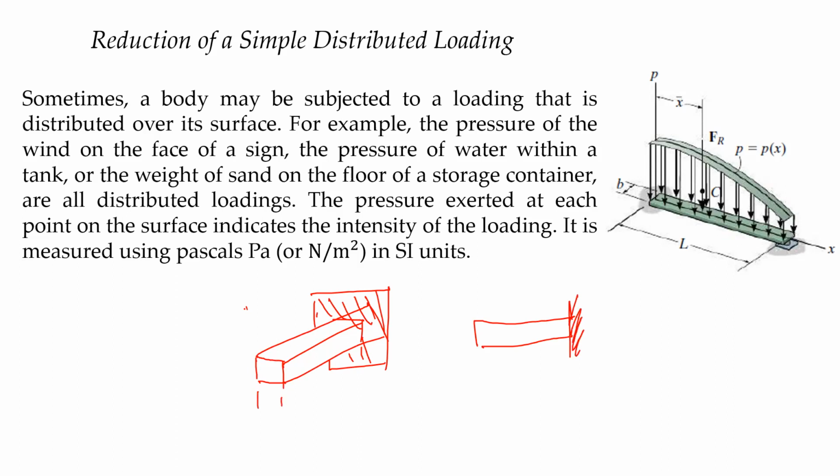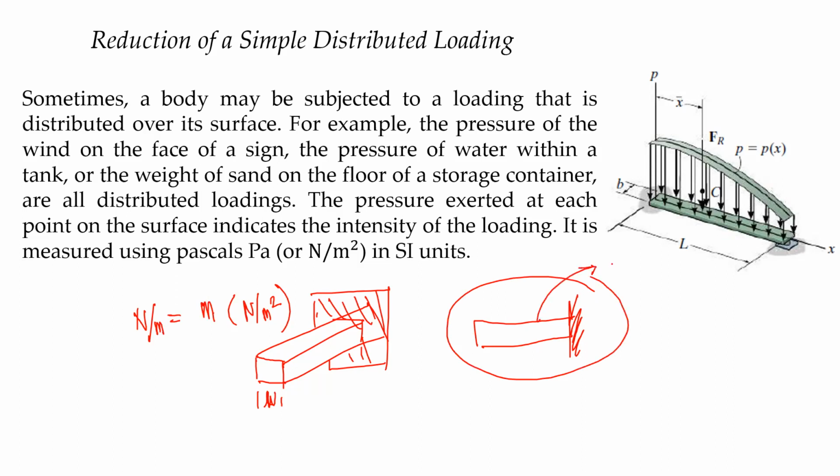Of course, this is in Newton per meter squared, right? So you just have to multiply this with the width, which is in meter. So you will only end up with Newton per meter. So you can now view your loading as two-dimensional. For two-dimensional loadings, the unit is Newton per meter, meaning force over a certain length.